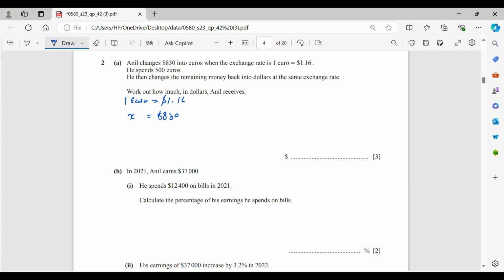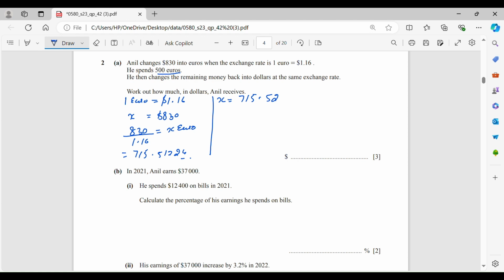So 830 divided by 1.16 will be equal to x euro. This is 715.51724, something like that, so we will take x as 715.52.